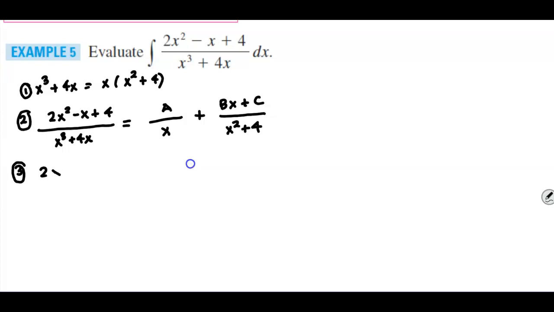So we have 2x squared minus x plus 4, and that will equal A times x squared plus 4, plus Bx plus C times x.